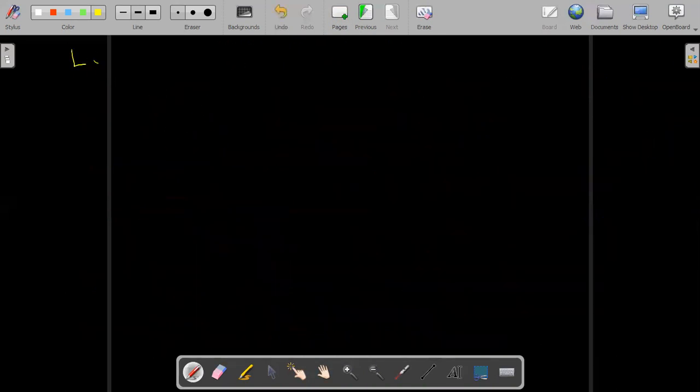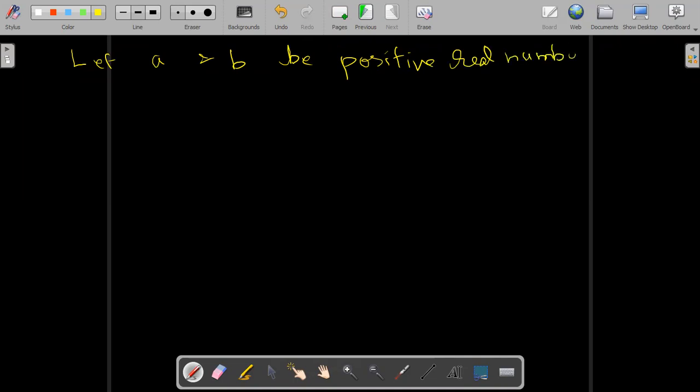For positive numbers, let A and B be positive real numbers. This property belongs only to positive real numbers, meaning greater than 0.